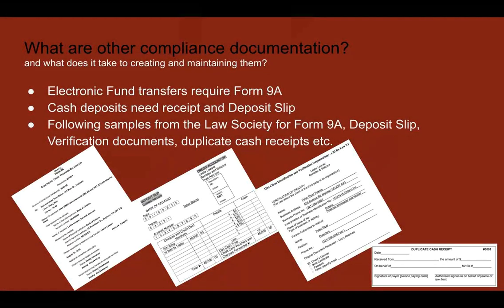This Form 9A shows which client, which matter, and all the samples that you see here, again, including deposit slip if anybody had paid you in cash, and including cash receipts if issuing them a cash receipt.